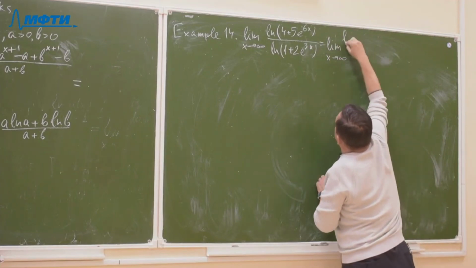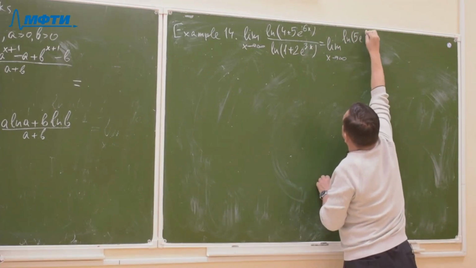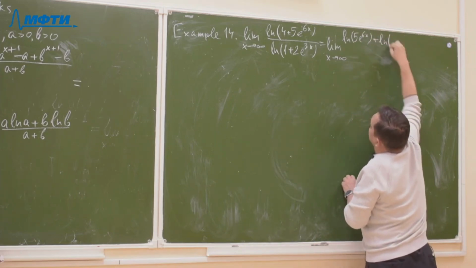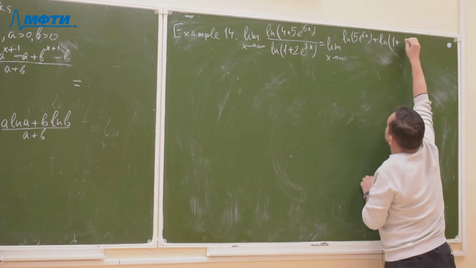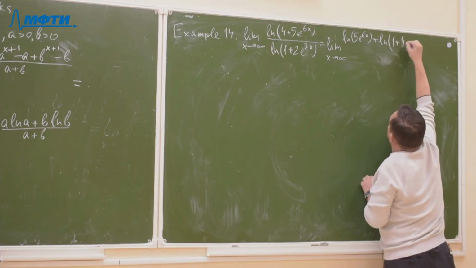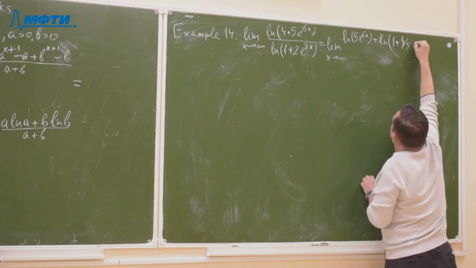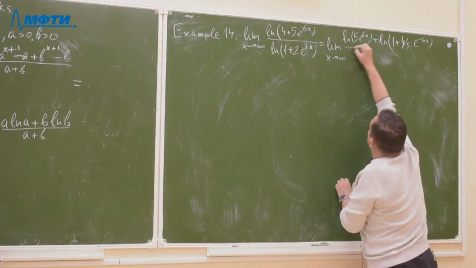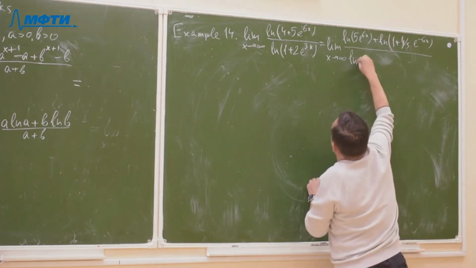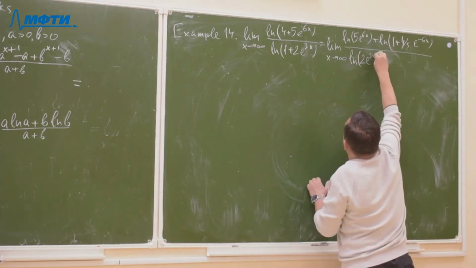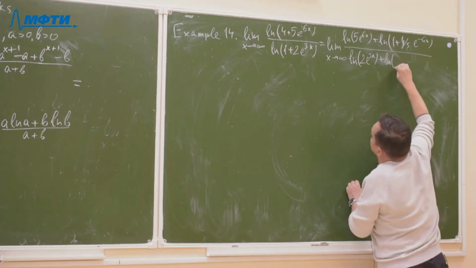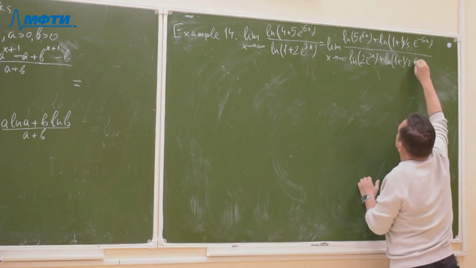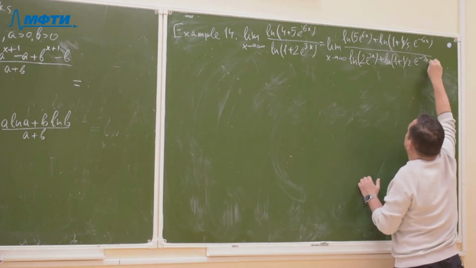Let me write like that: logarithm 5e to the power 6x plus logarithm (1 plus 4 over 5e to the power minus 6x), over logarithm 2e to the power 3x plus logarithm (1 plus 1/2 e to the power minus 3x).